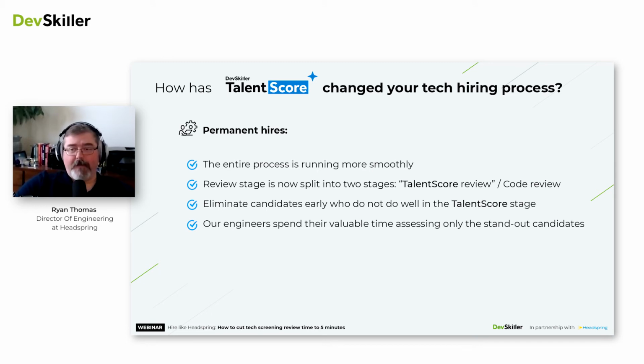For the way we set it up, previously our code review stage was, like I mentioned before, a minimum of 15 minutes, maximum of 1 hour per engineer to go in and look at it per candidate. And now we've switched that and we've split it into 2 different subsections. Every candidate first goes through the DevSkiller platform and they run the exercise and they get that initial score.